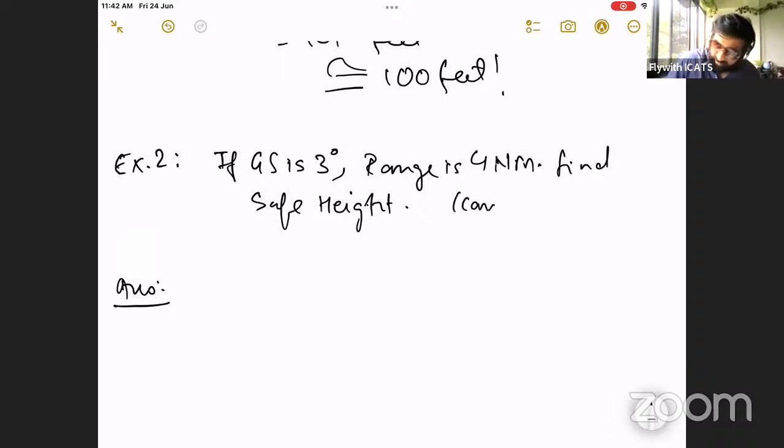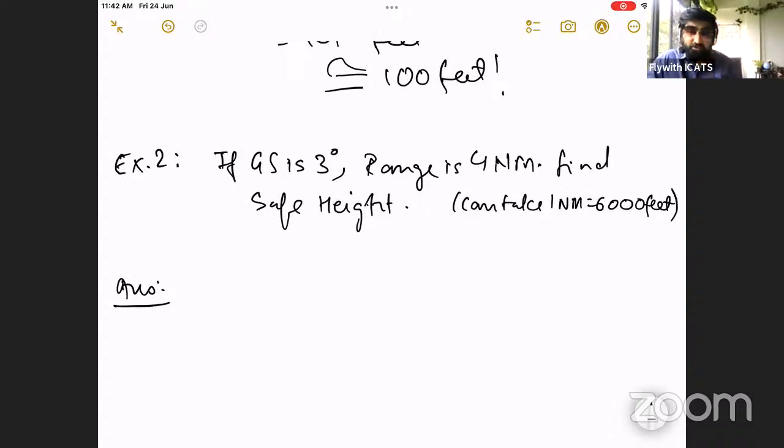You can take 1 nautical mile equal to 6,000 feet also, but then you will get rounded off answers, and these answers will match perfectly with your options. But if your answers are not matching perfectly with your options, and your answer is a little close to that, a little far away from your option, by a few numbers, then that is correct only.